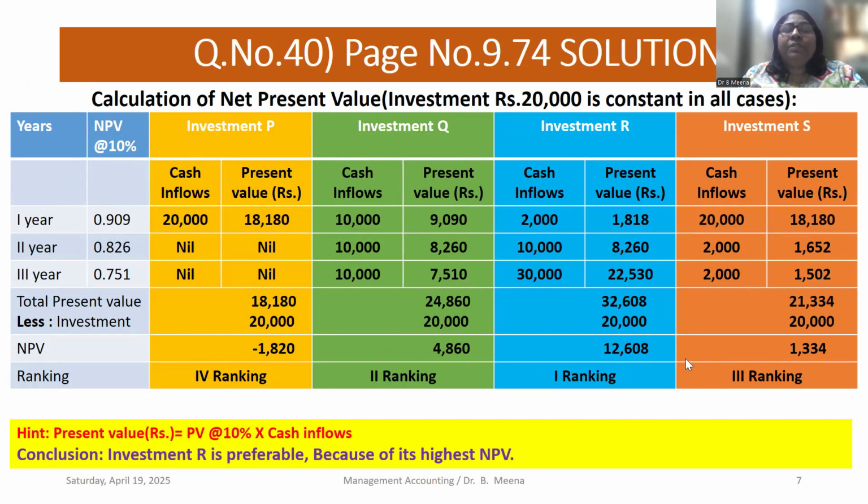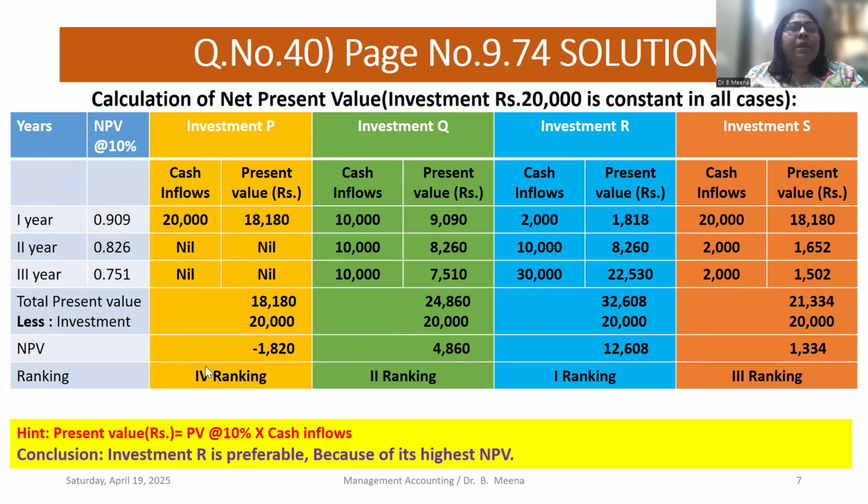As per the net present value, I will rank the investments. The first ranking will be given to investment R because its NPV is the highest. Investment Q, the NPV is 4,860, so I can give it second ranking. Investment S is 1,334, so it will get third ranking.